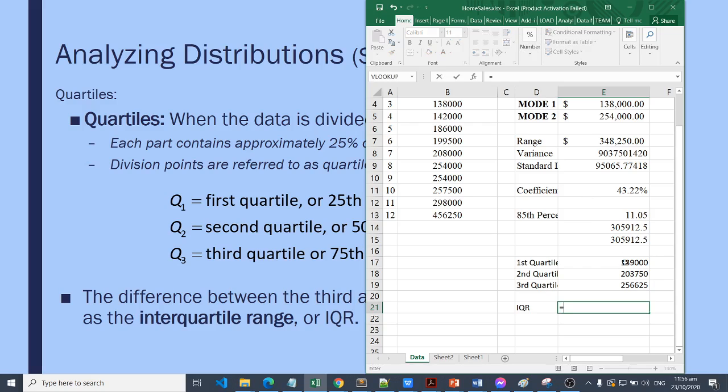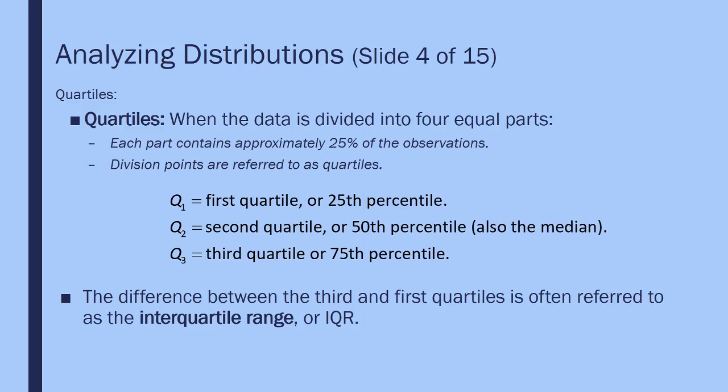This is equal to the third quartile minus the first quartile. Okay, so the interquartile range is the difference between the third and first quartiles.